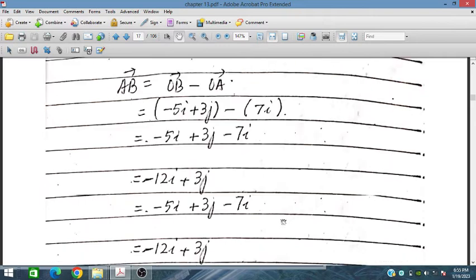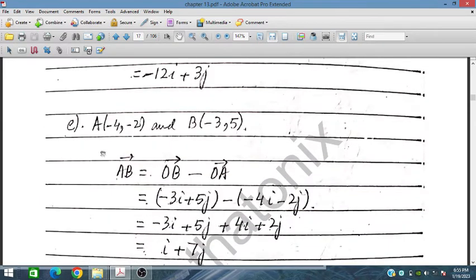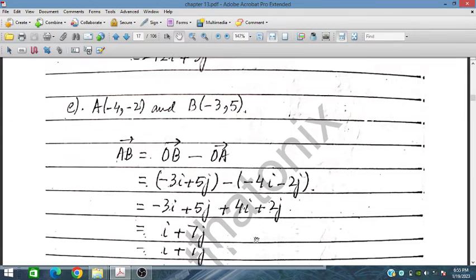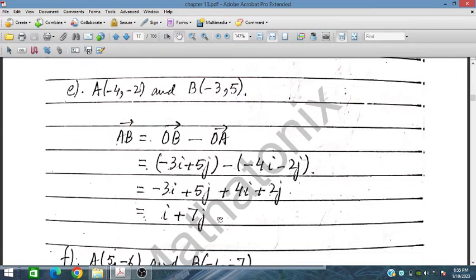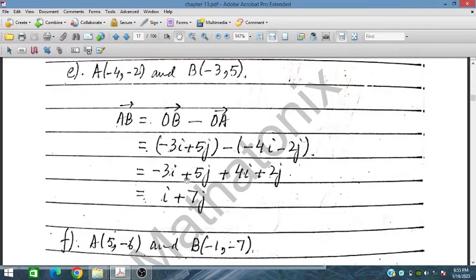Let's solve this last one, part E: A is minus 4, minus 2, and B is minus 3, 5. In place of OB, we have minus 3i plus 5j, with the minus sign here, minus 4i and minus 2j, and on solving we have obtained i plus 7j as the resultant.